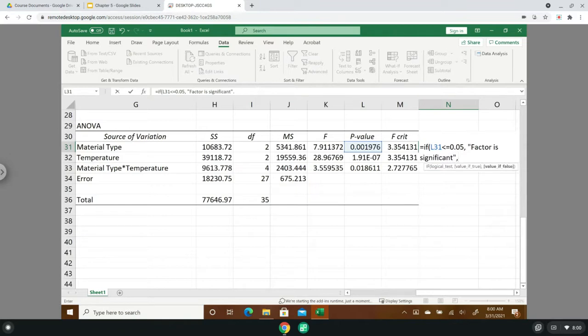If the condition is not true, if this p-value is not less than or equal to 0.05, that means the factor is not significant.